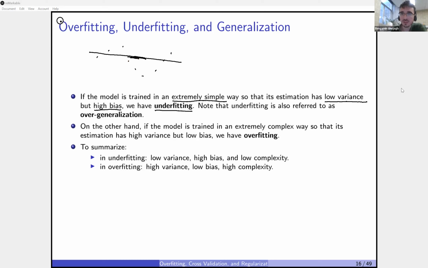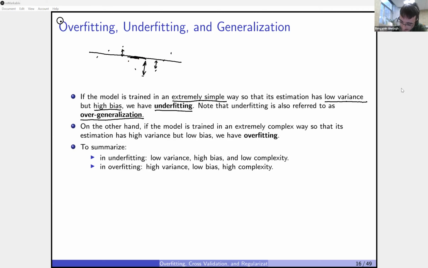It has low variance because the line doesn't change much, but it has high bias because you have a lot of errors between the data points and their predictions, right? So you have high bias, low variance, and the model is very simple. This is underfitting, okay? It's also called overgeneralization.